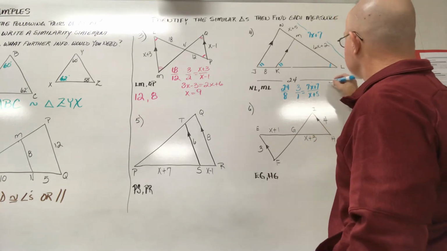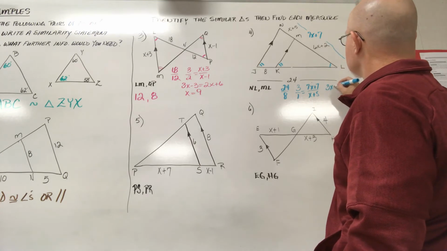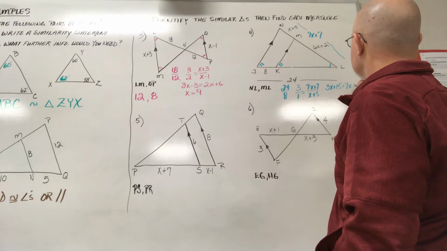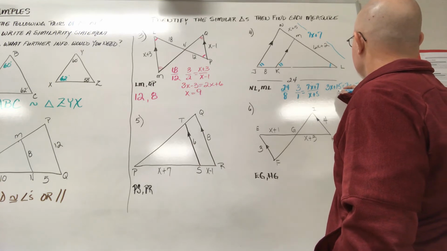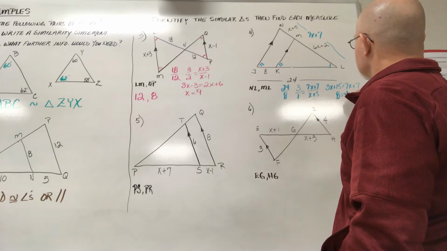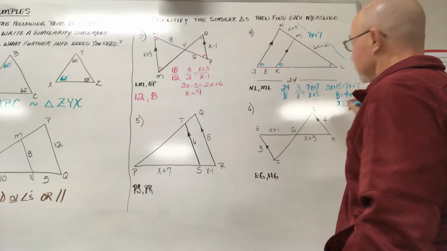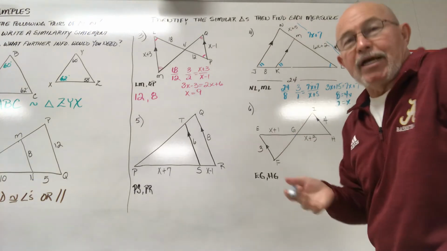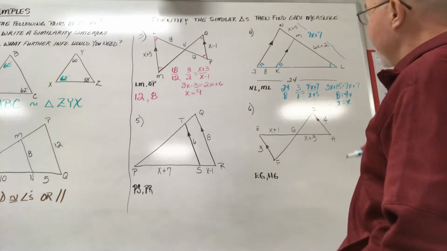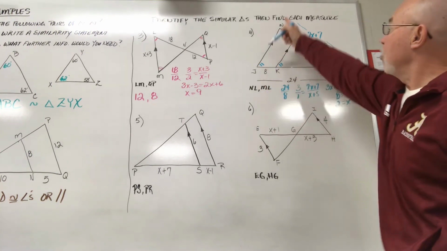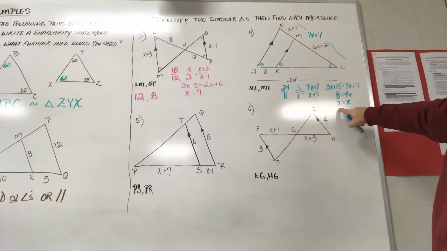Cross multiply. So we've got the 2 equals x, or x equals 2, depending on how you want to do it. So what I have to do now is substitute back, and it wants NL, the entire side.